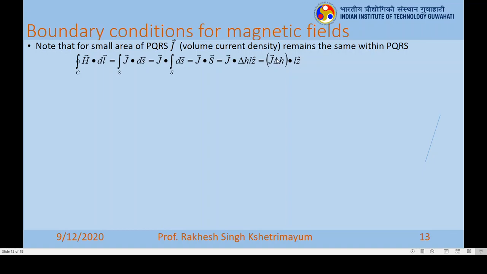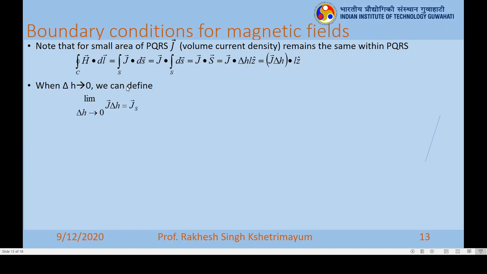I just want to consider this term here, delta H into J. What is delta H into J when delta H is tending to 0? When I squeeze the surface, delta H tending to 0, then I get a line. So in that case, I have to consider surface current density.